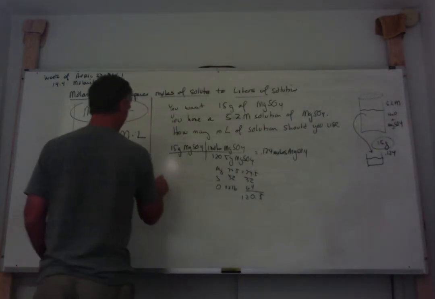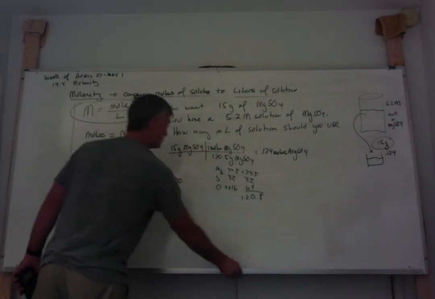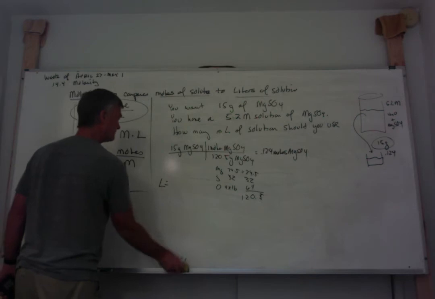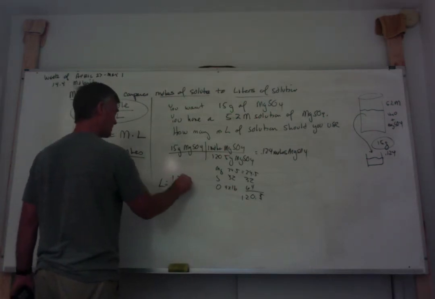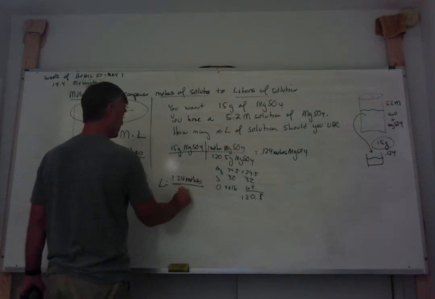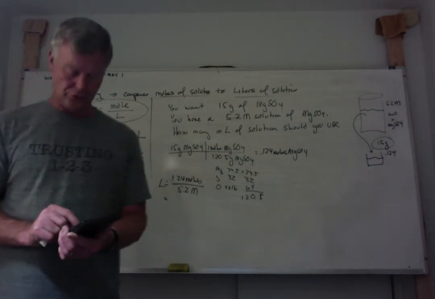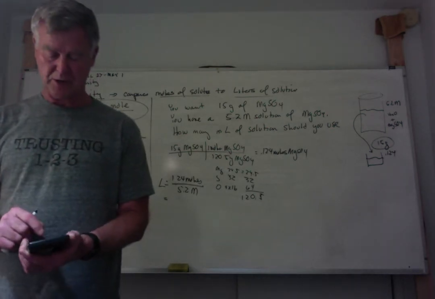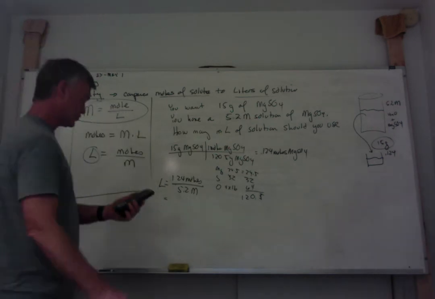This equation here. Liters is 0.124 moles divided by 5.2 molar, and 0.124 divided by 5.2 is 0.024.